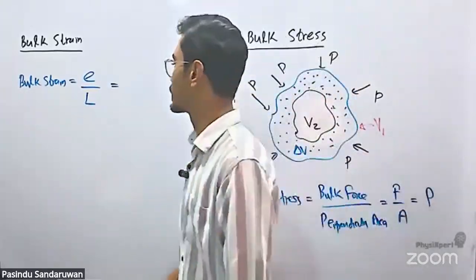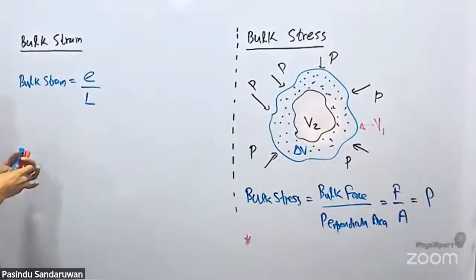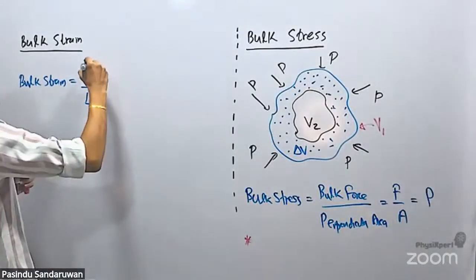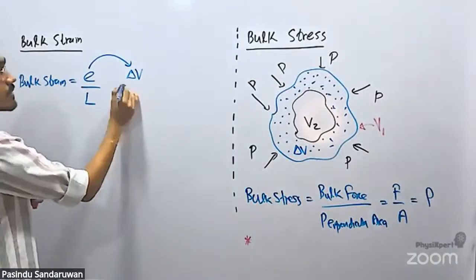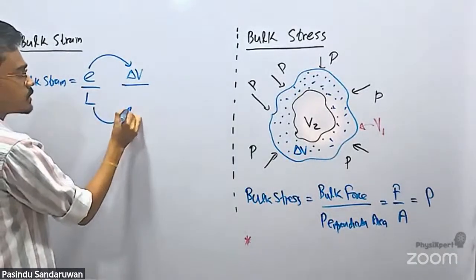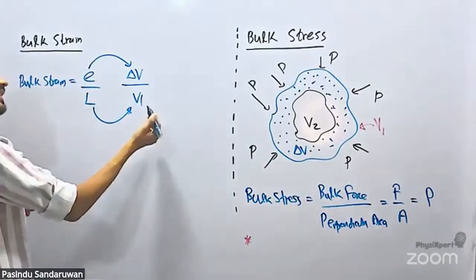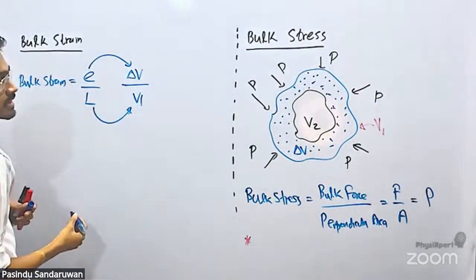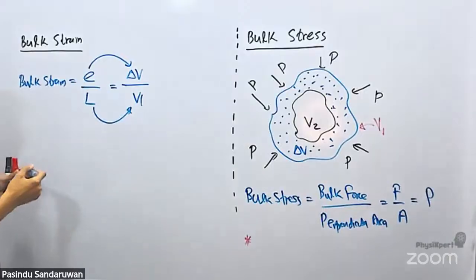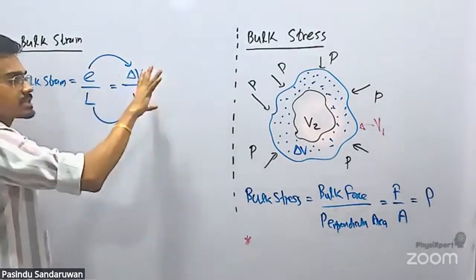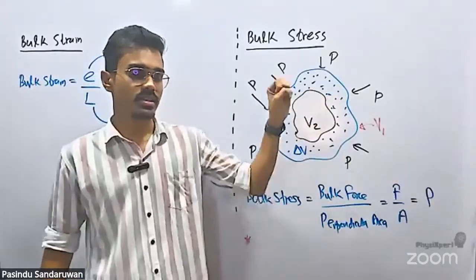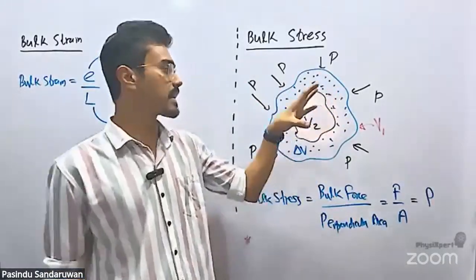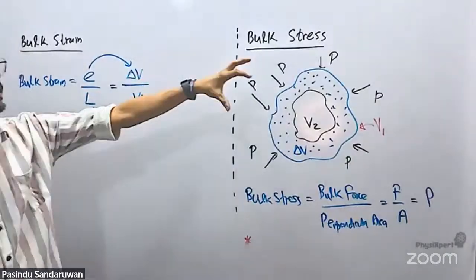So therefore, instead of e, we are going to consider delta V, the change of volume. Instead of L, we are going to consider V1, the initial volume, right? This idea is taken forward as it is, because we can't practically measure any lengths of this three-dimensional irregular shape.